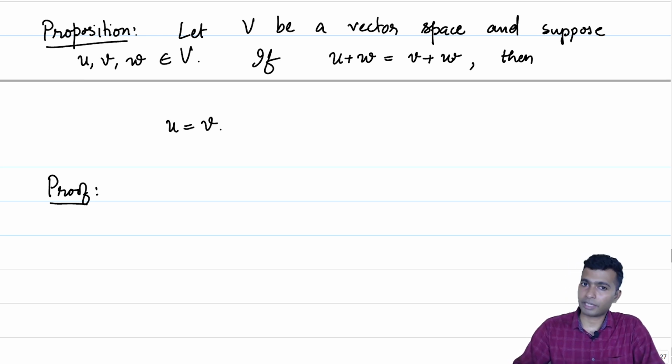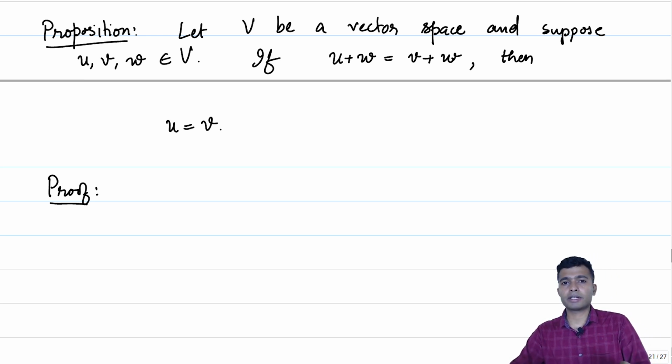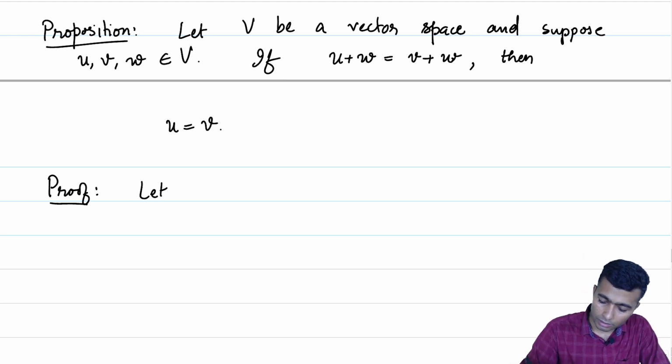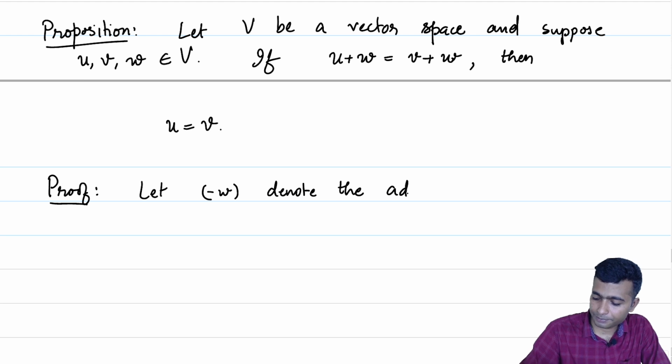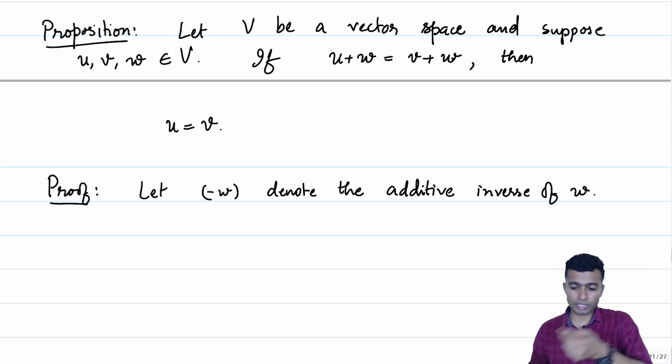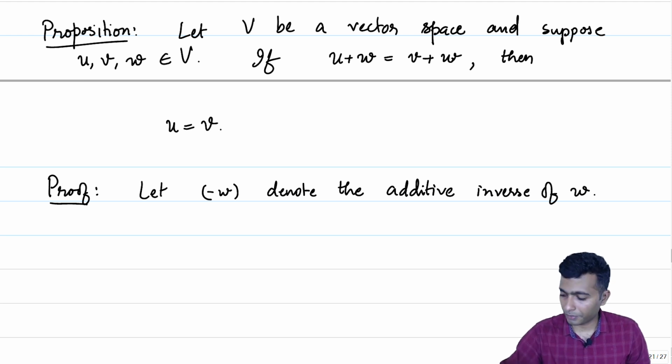So what is it that we know? We know that V is a vector space, and given any vector space, every vector has its additive inverse, right? So let minus w denote the additive inverse of w. The element w has an additive inverse, let us denote it by minus w.